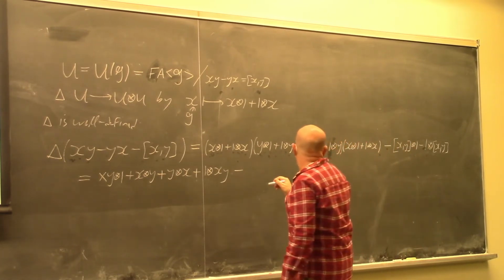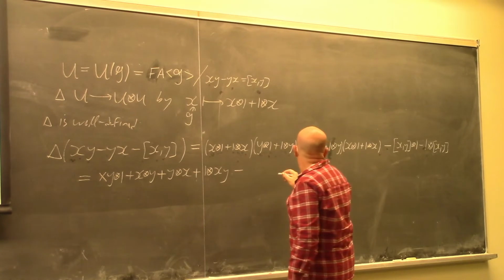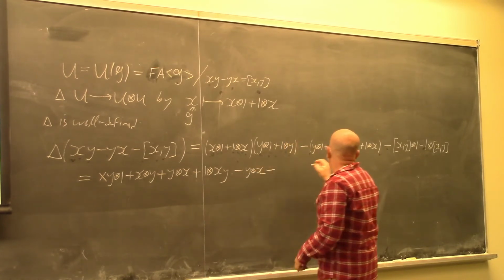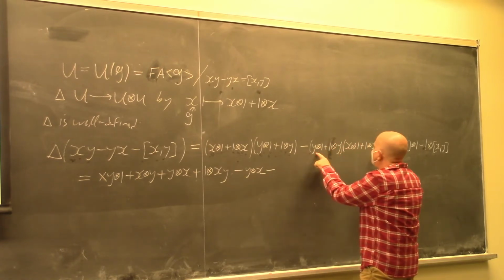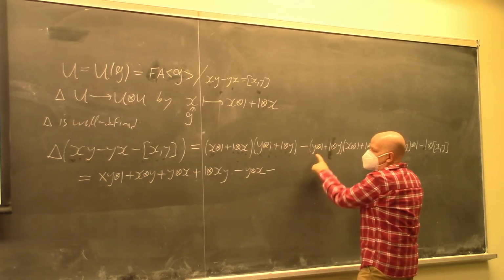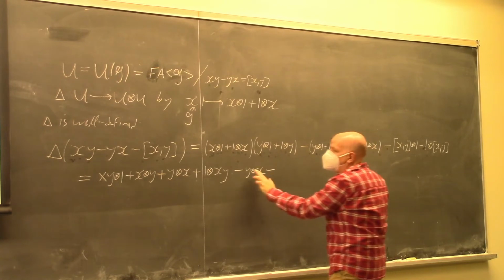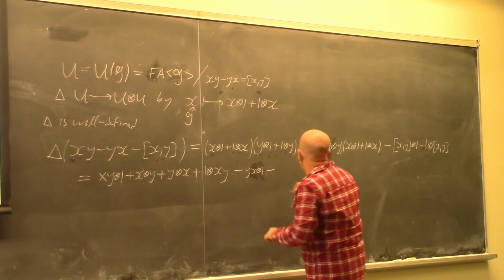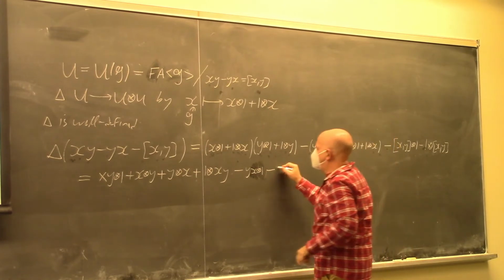And this comes out y tensor x, minus this and that, which is y times x tensor 1, so yx tensor 1. This and that is y tensor x.